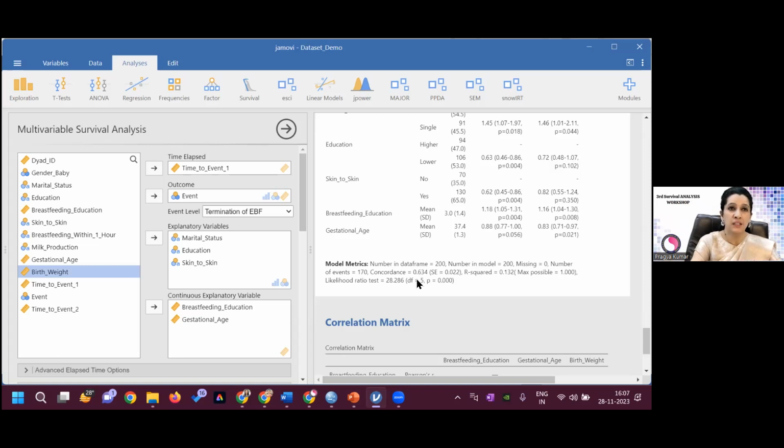Similarly, the C index is the predictive accuracy of this model. It is 0.63, which is okay. At least it should be 0.7, but you can report 0.63. And then the R square is 13.2%. So that is the interpretation.